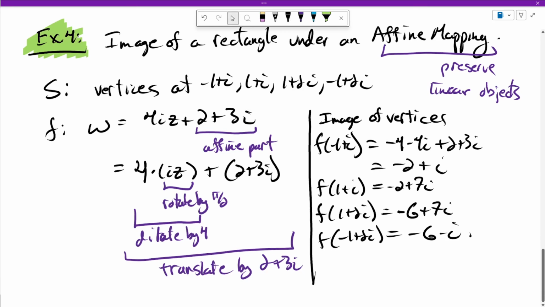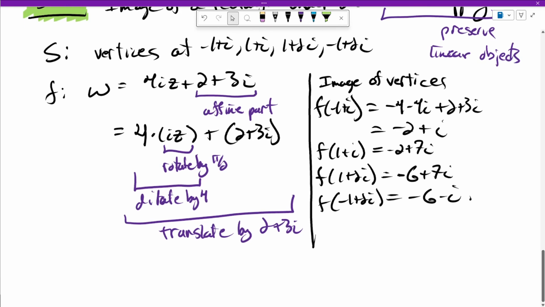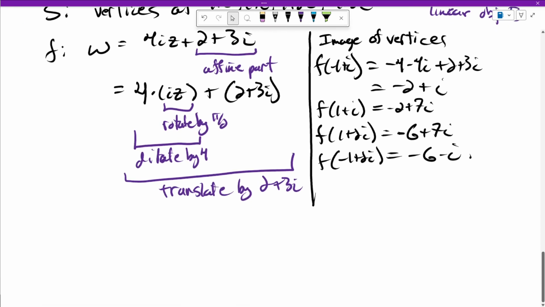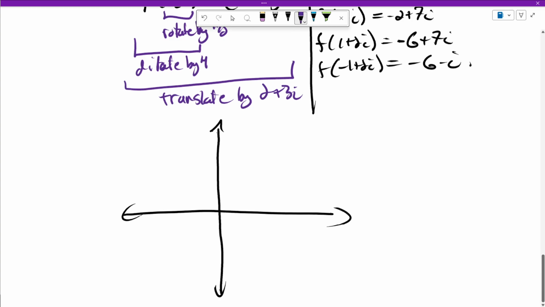So to figure out where our rectangle went, all we're going to do is plot these points. And let's see, it's going to be kind of a big graph of C. So we have to go to the left 6, maybe 7. Let's go 7 each direction.